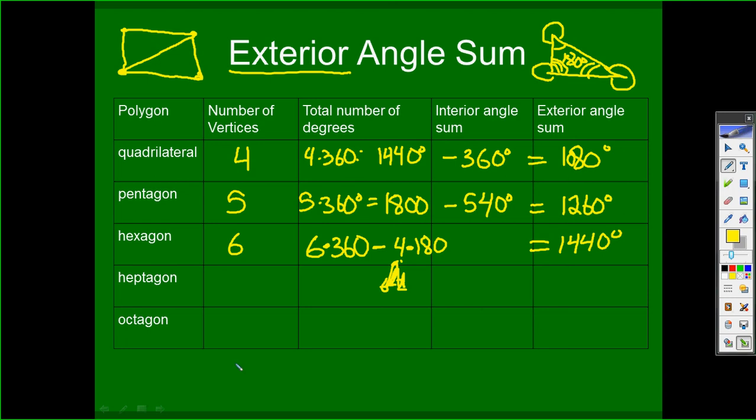Looking at it, let's say we have an 11-sided shape. I'm going to take 11 times 360, and then I'm going to subtract away what would be on the inside, which would be 11 minus 2 times 180. 11 times 360 equals 3960. And then I'm going to subtract away the 9 times 180, which is 1620.